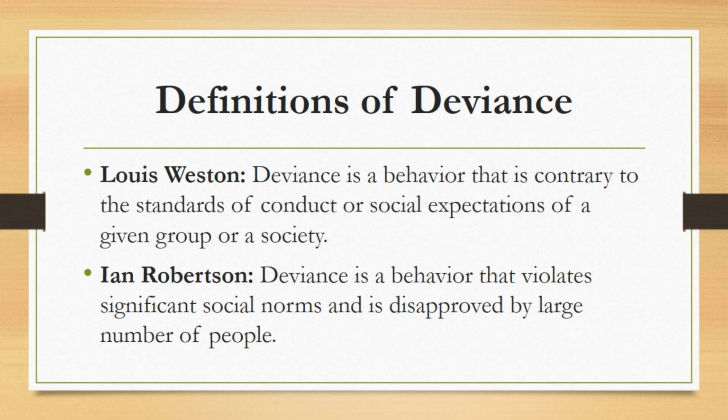According to him, deviance is a behavior that violates significant social norms and is disapproved by a large number of people. So both definitions support the argument we have made above, that deviance is to go against the accepted norms. Now we will study the types of deviance.